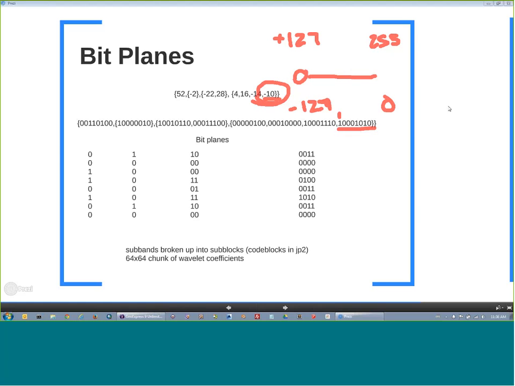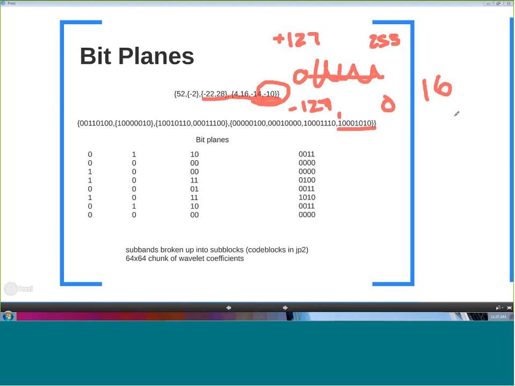So all of the numbers that we're going to see here, and especially these are going to be lower values because of the wavelet transform that we did, they're going to end up somewhere in this spectrum here, from +127 to -127. So we're going to be able to represent all the values, no problem. Now, some images are not 8-bit, some are 16-bit, but we do the same kind of thing, just with higher positive and lower values.